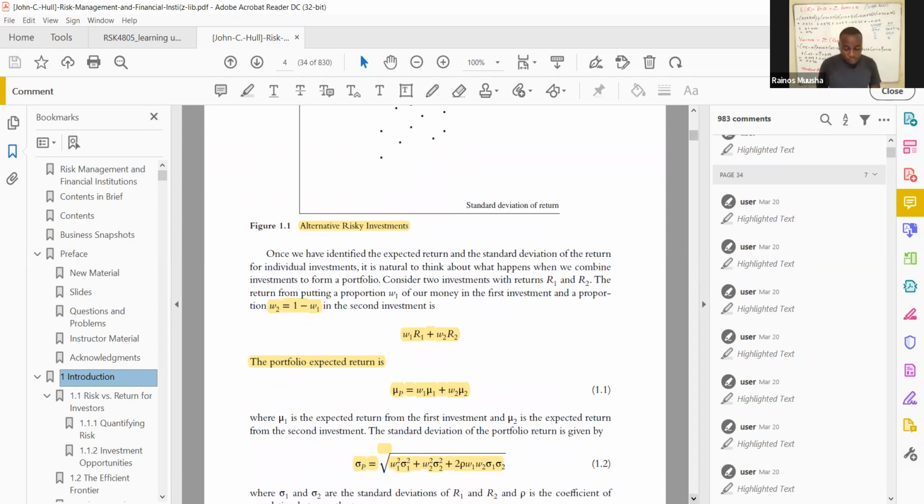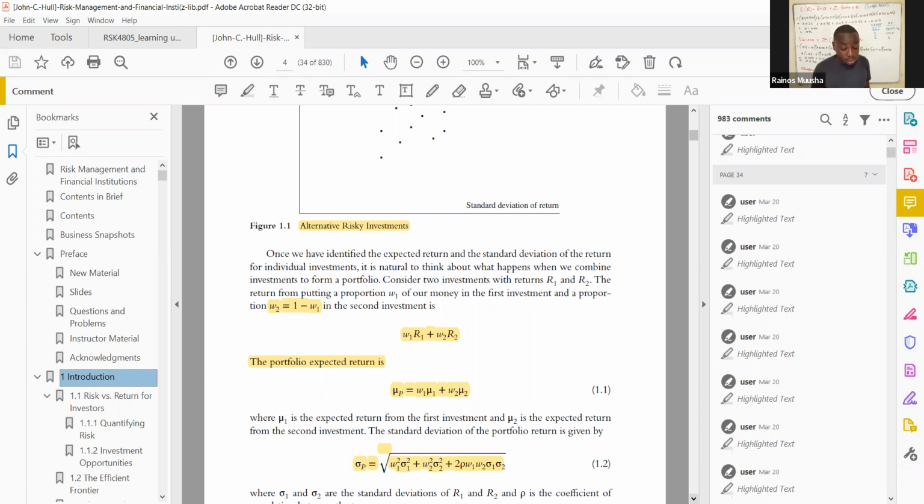Apart from calculating the expected return and standard deviation of a single asset, you can also calculate the expected return and the standard deviation of a portfolio of assets. For Rsk4805, when it comes to the expected return and the standard deviation of your portfolio of assets, in most cases we limit it to two assets.